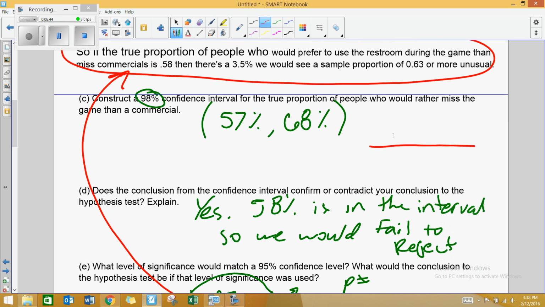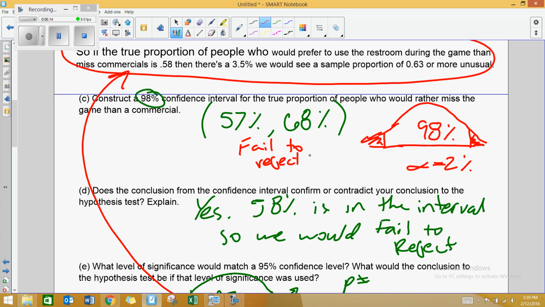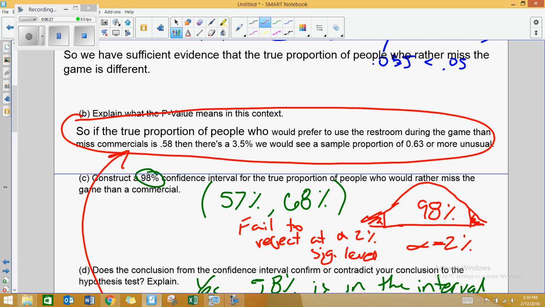But a 98% confidence interval has a different significance level. Okay, so 98% stretches out a little bit farther. So this would have an alpha level of 2%. So I failed to reject at a 2% significance level, which is kind of an awkward significance level, but that's what it would be. And I reject at a 5% significance level.